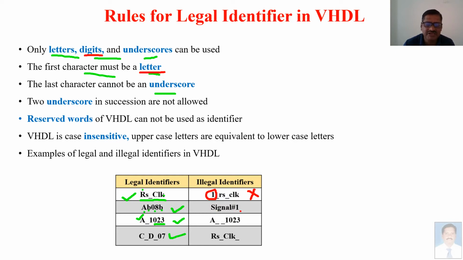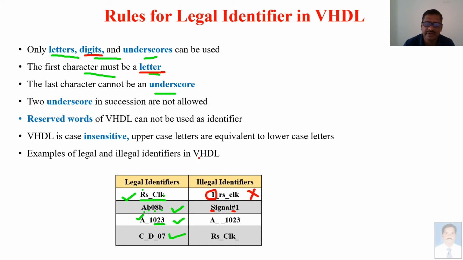Here, signal #1 starts with a letter, but we cannot use the hash. The only allowed special character is the underscore.